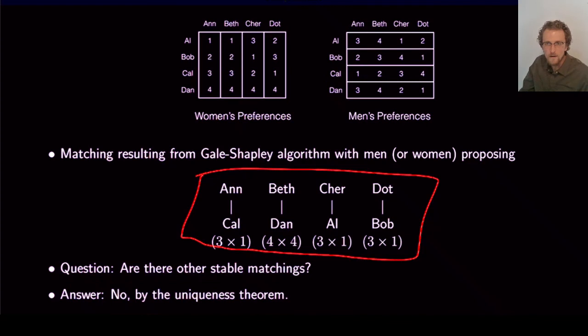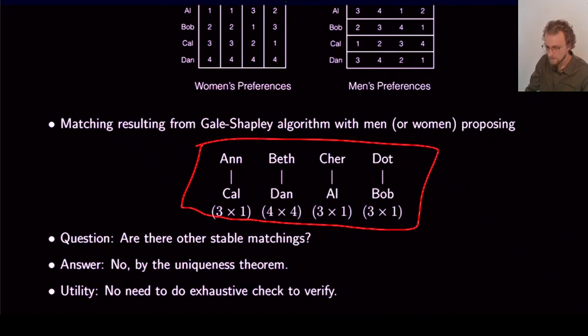And so if I came to you, and you'll see this on the homework, and said, "Are there other stable matchings for these preferences?" the answer is no. You would know this because of the uniqueness result: if you run it with the men proposing, and then with the women proposing, and those two runs land on exactly the same matching, then that's the only stable matching there is.